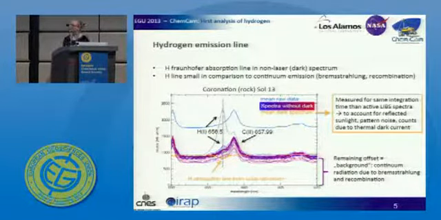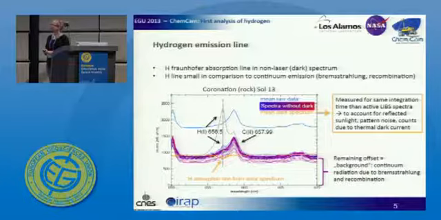You can see it in orange here in the plot. Also, you can see the raw data plotted here in blue. So when we subtract this dark spectrum from the data, you can see that there's still a remaining offset, which we call background. And this is due to the continuum radiation, which results from Bremsstrahlung and recombination of the plasma.